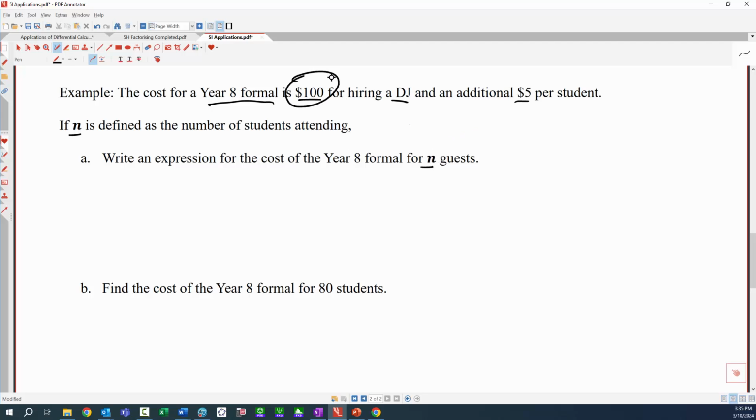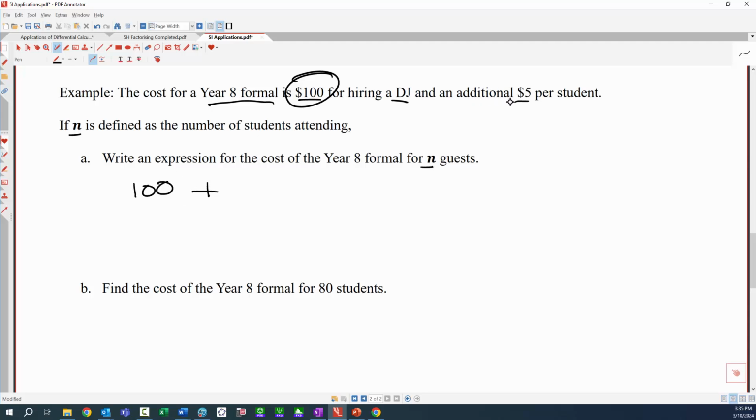So we know that basically no matter what happens, the DJ's got to get paid. So if no one actually comes to the Year 8 formal, and there's a DJ there on the deck at the front banging out some tunes and no one's there, that DJ still has to get paid no matter what. Okay, so we're going to get $100 no matter what. So it's $100 plus, so that's the constant.